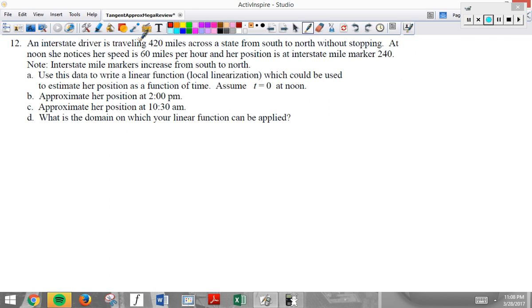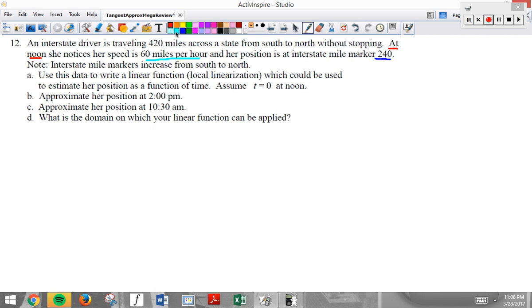Alright, interstate travelers traveling that much, blah blah blah. At noon, she notices her speed. At noon, 60 miles per hour. Her position is 240.